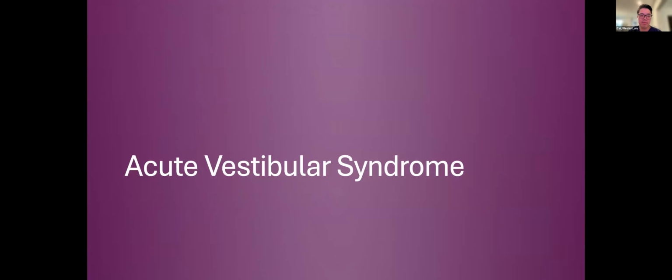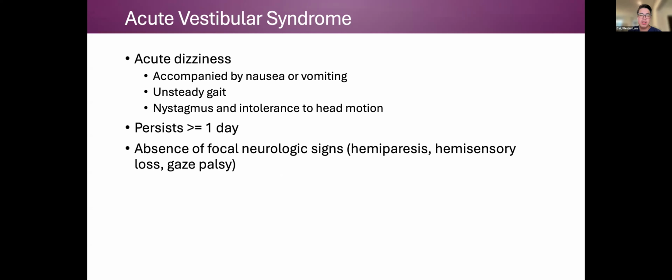So this brings us to acute vestibular syndrome, and this is an important thing to distinguish from something like BPPV. Acute vestibular syndrome is a patient coming in with acute dizziness that persists for at least 1 day. This is accompanied by nausea and vomiting.